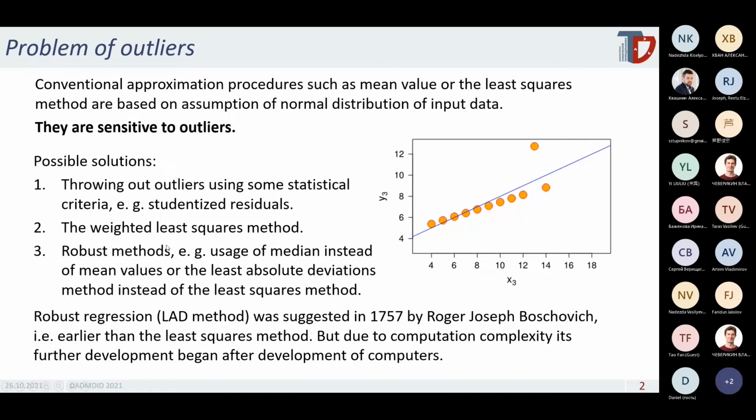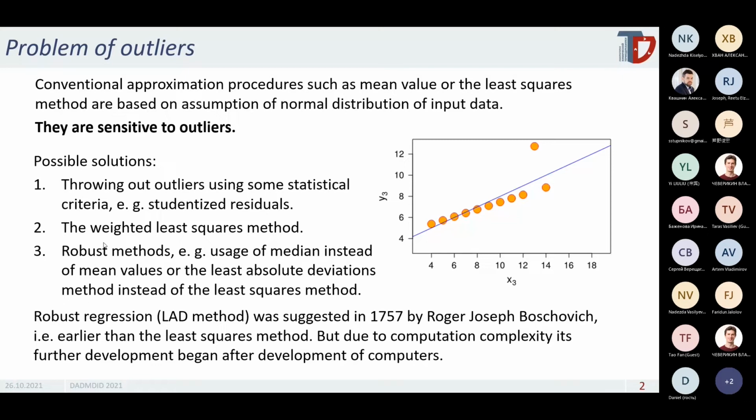But there is also a third alternative, using so-called robust methods that use special objective functions that automatically reduce the influence of outliers and non-normality of our input data. For example, we can use the median instead of mean values, or use the least absolute deviations method instead of the least squares method.